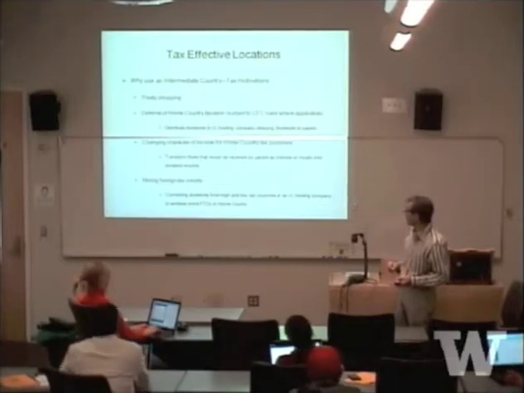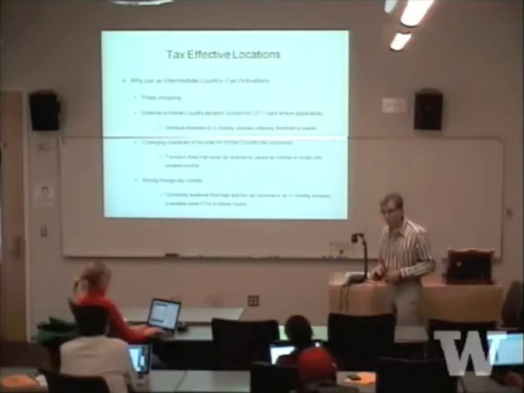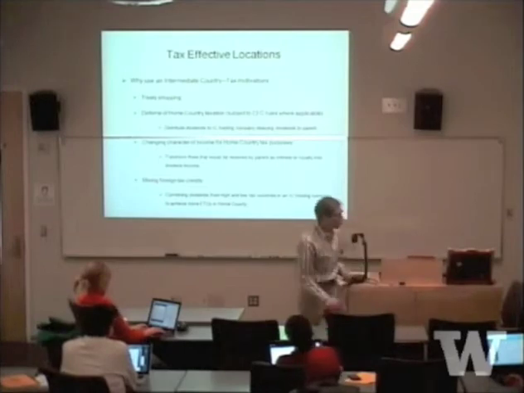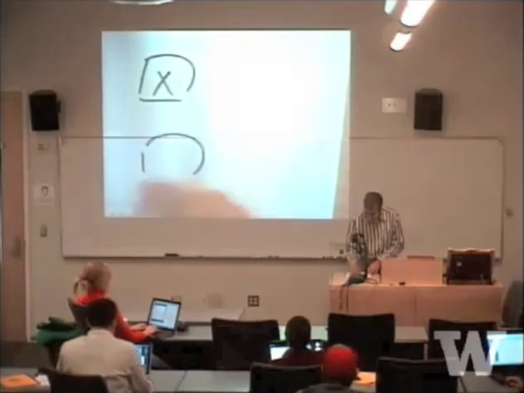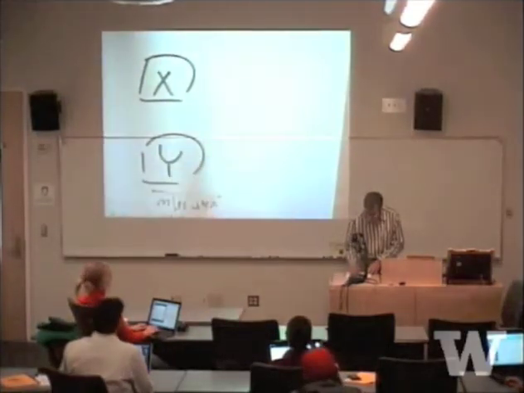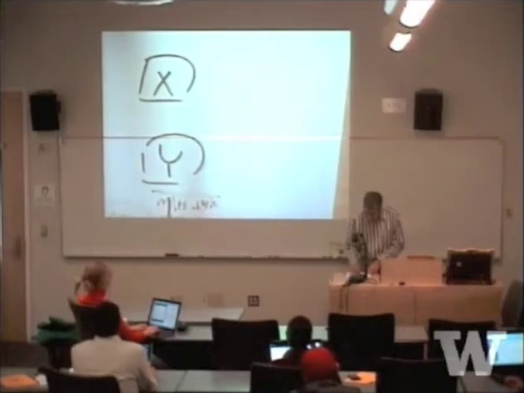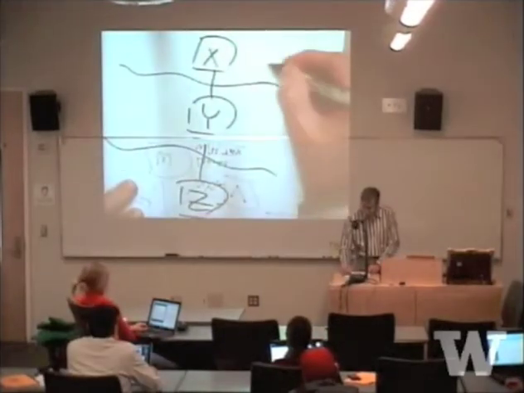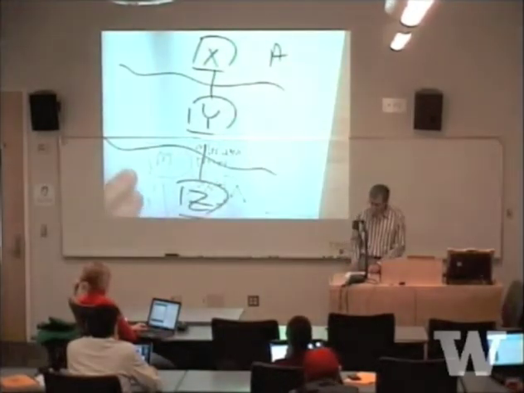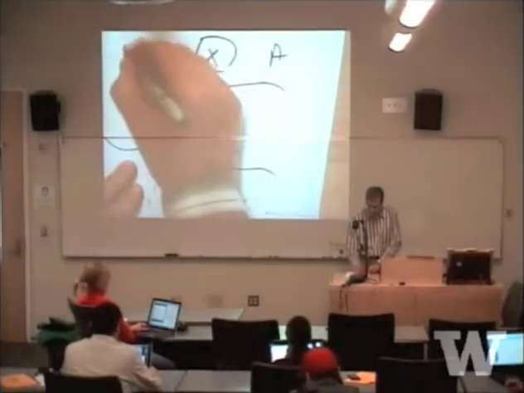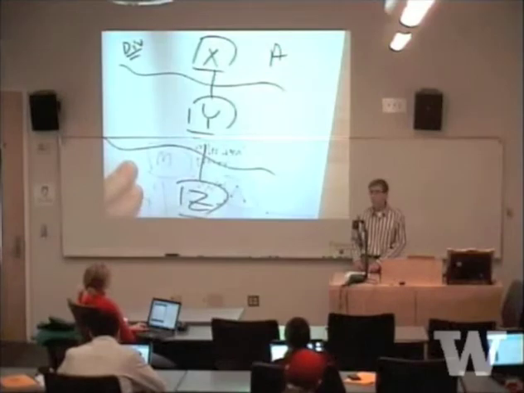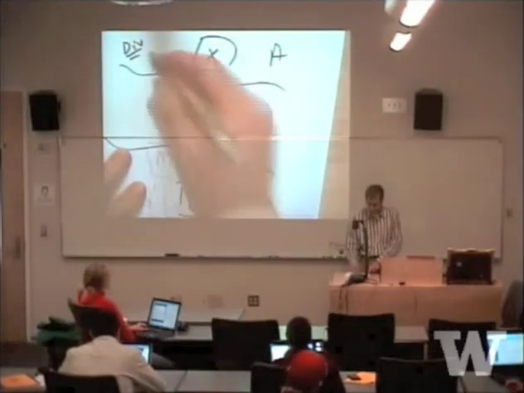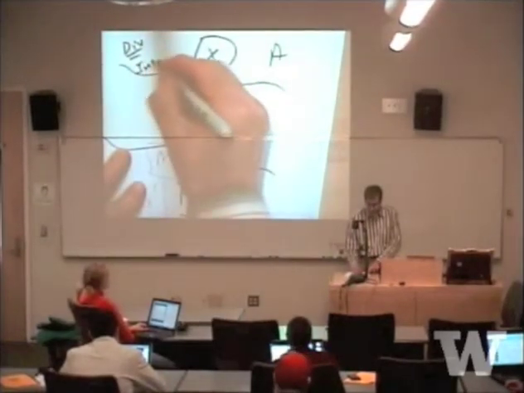Notice changing the character of income for home country tax purposes. What do we mean by that? Let's say we have X, Y, and Z. In home country A, let's say that a dividend receives a more favorable tax treatment than interest income.